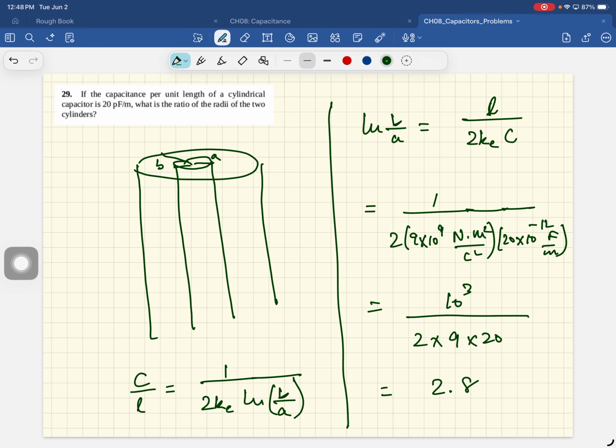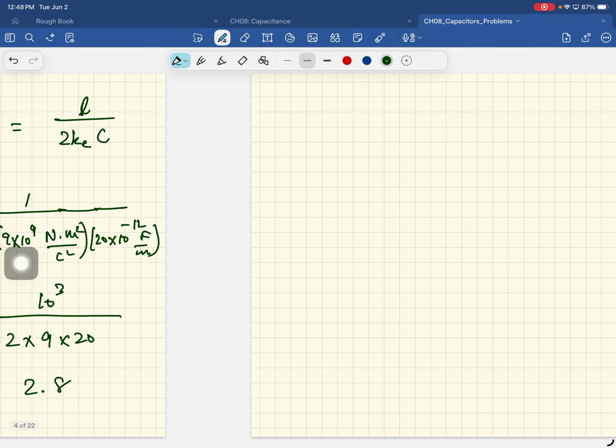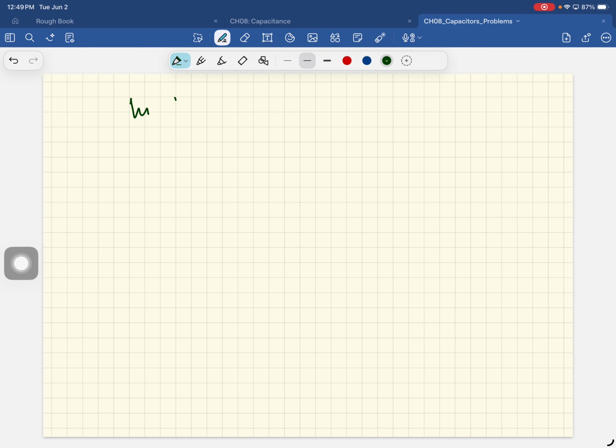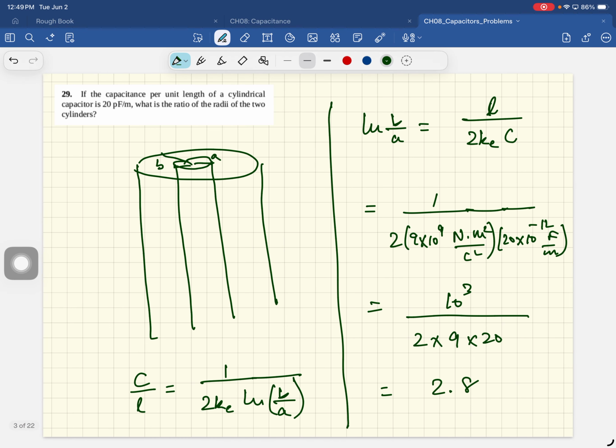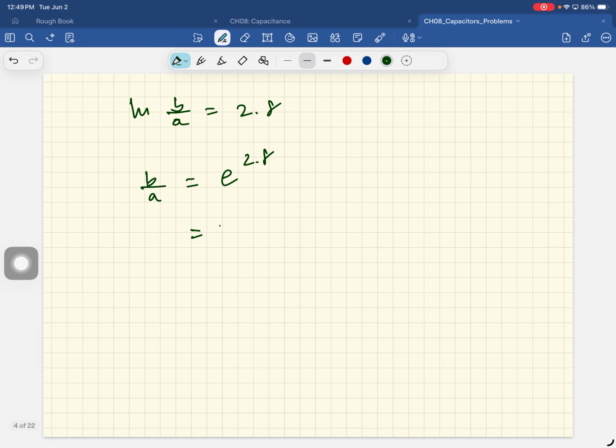What the heck? What am I missing? Here's my problem. I know this ratio, and that would be the only unknown, except that I can't pull this out.